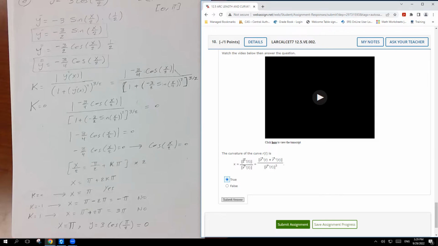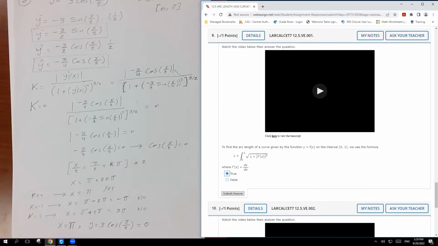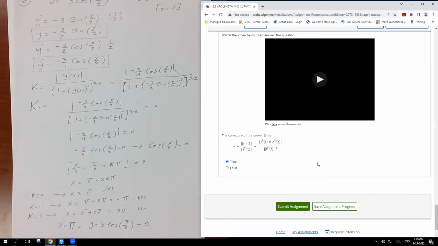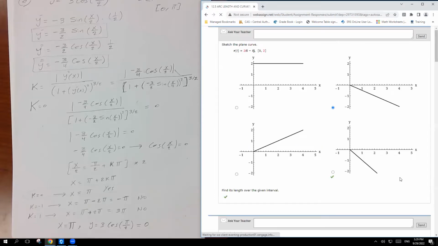So this one is true, and this one is also true. So that's it for this section. Let's try to submit this one and the other one.